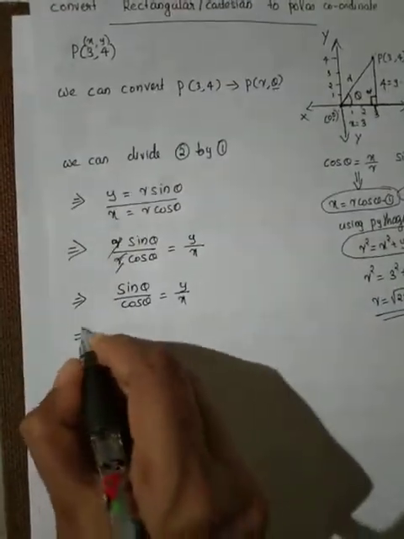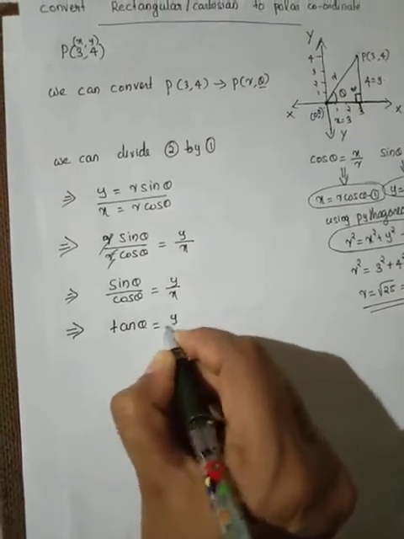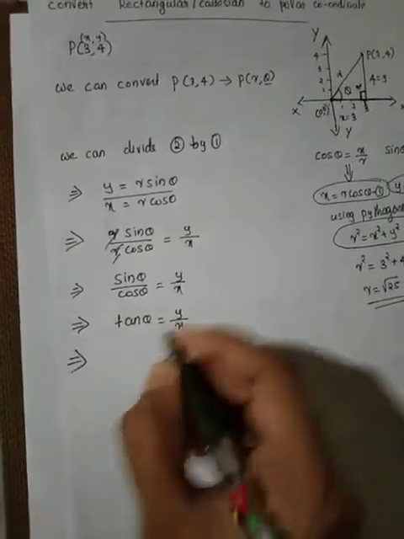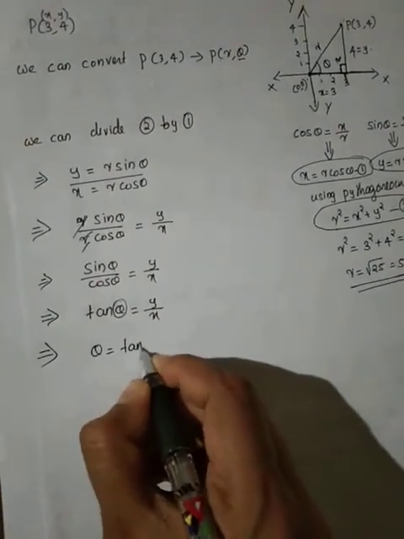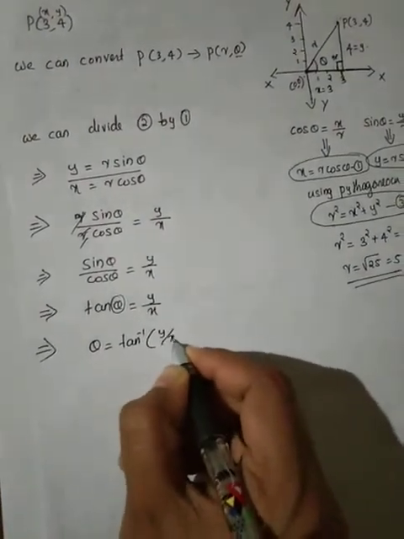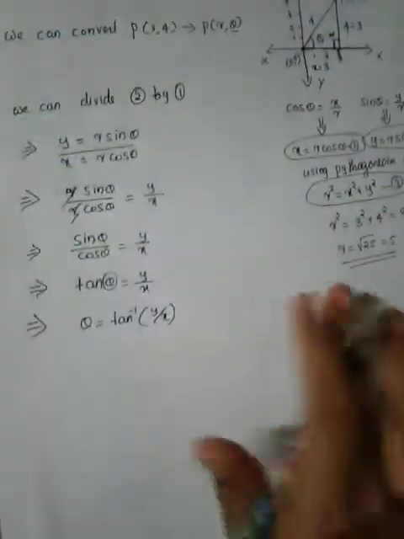Sin theta by cos theta is tan theta. So tan theta equal to y by x, which implies we can find the value of theta. So theta equal to tan inverse of y by x. Then here y is 4 and x is 3.